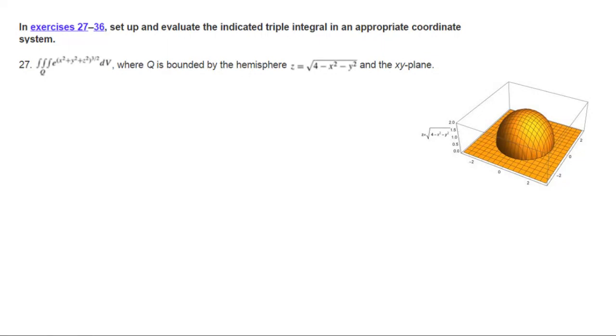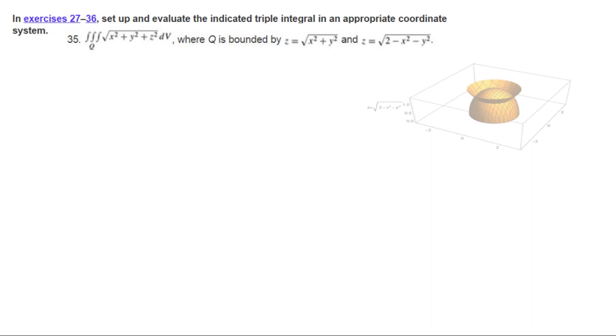This example is exactly the same as what we did just now. Exactly the same. But you need integration by substitution because of this. Like what you did for the question when we solved it using cylindrical and spherical coordinates.